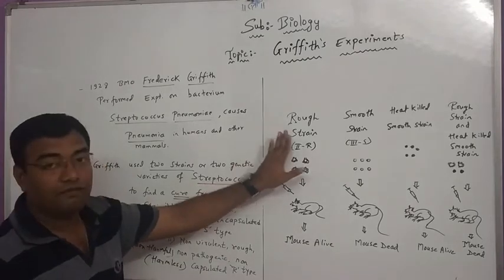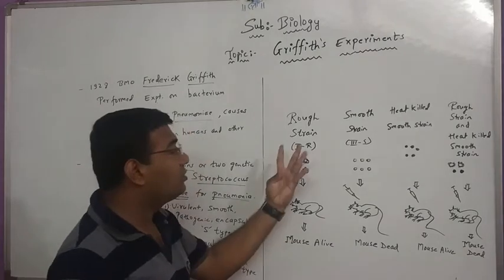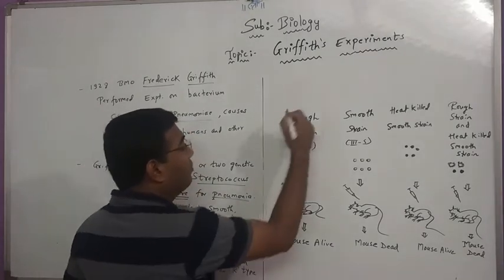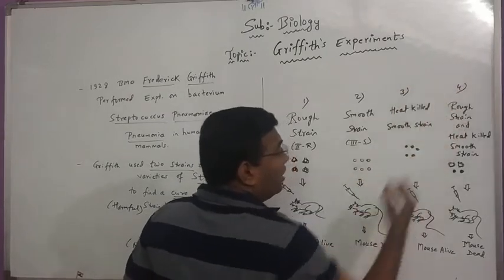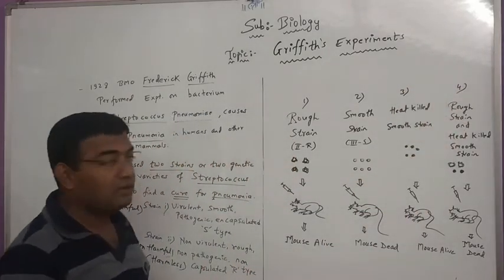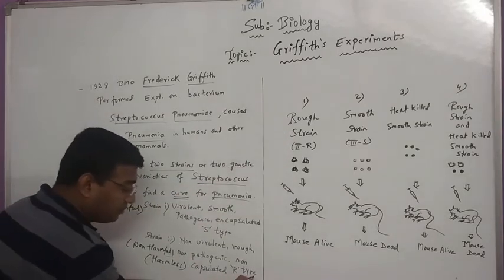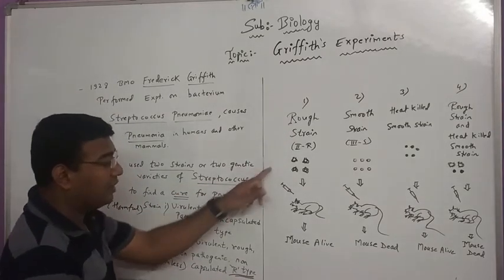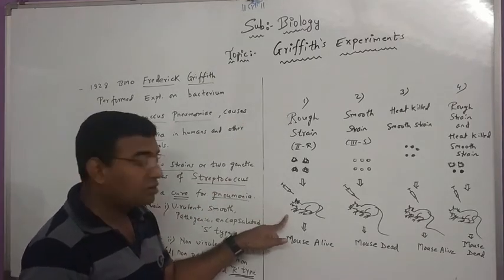In a simple graphic medium, I will explain. The presentation is there for you. He has used four different experiments: experiment number 1, 2, 3 and 4. In the first experiment, he injected the R type, the rough strain, into the mouse.